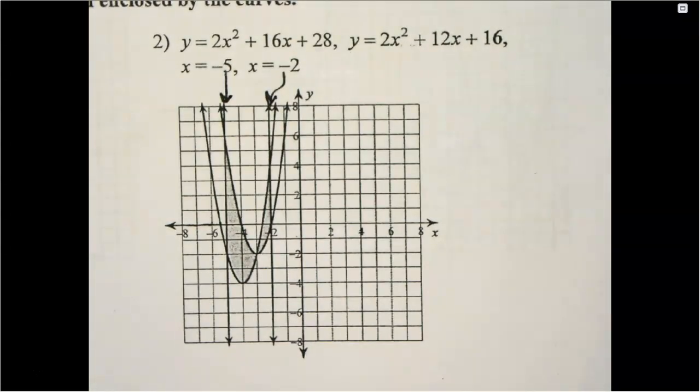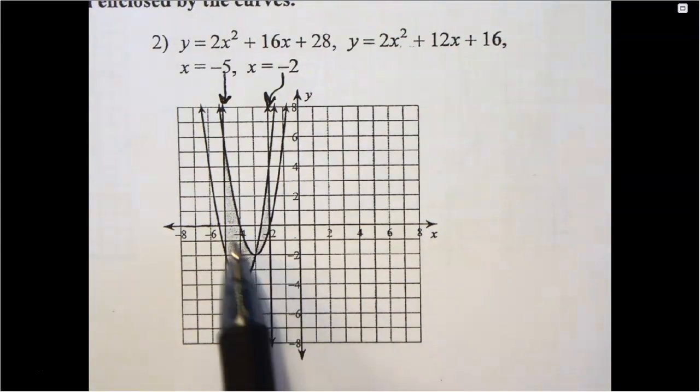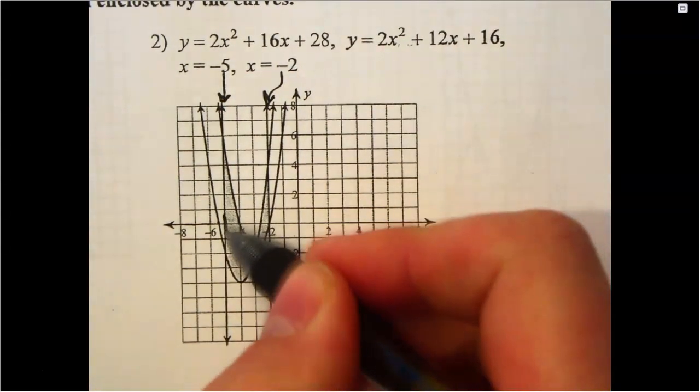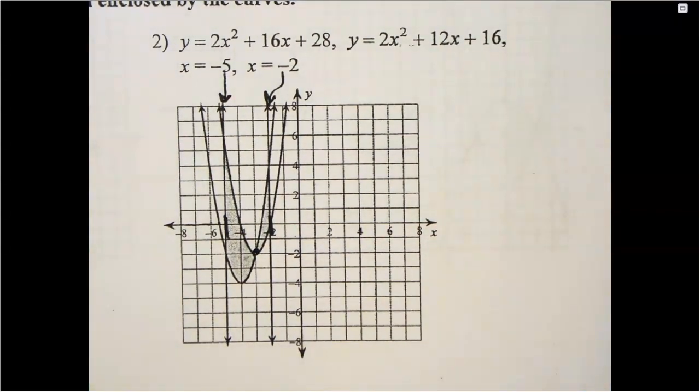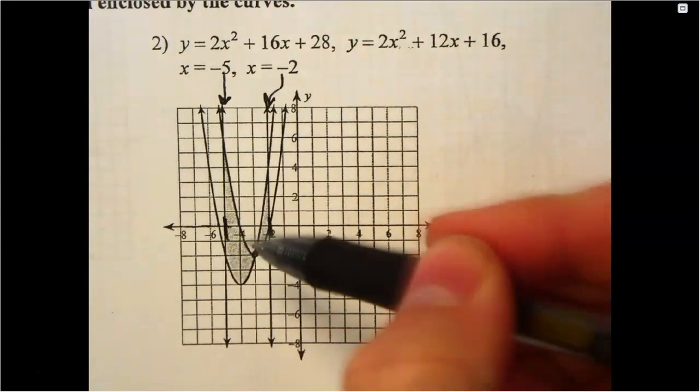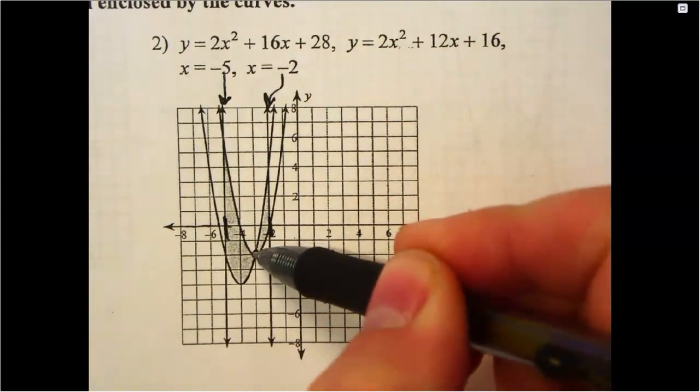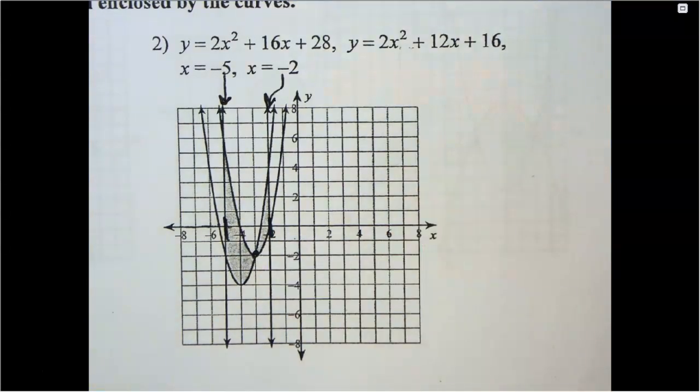The two equations flip which one's on top and which one's on the bottom in between negative 5 and negative 2. So right there we got an issue. What I need to do is figure out between negative 5 and negative 3, because they cross right there, which equation's on top.